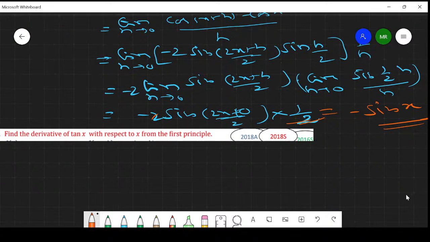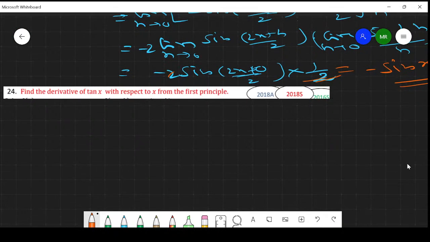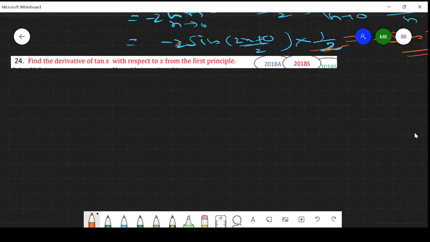This is an important problem. Now I am going to explain the derivative of tan x with respect to x from first principle. See, in this problem, what are they going to ask?